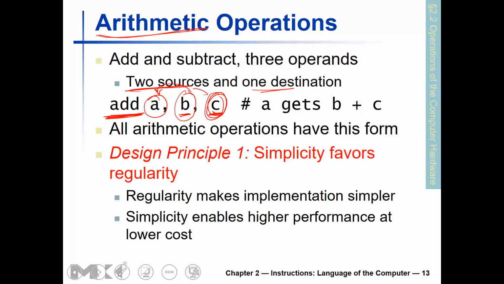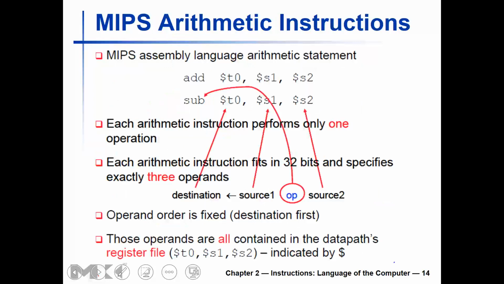So you can see in this example, when I say add $t0, $s1, $s2, what is going to happen? $t0 will get the result of adding $s1 plus $s2.